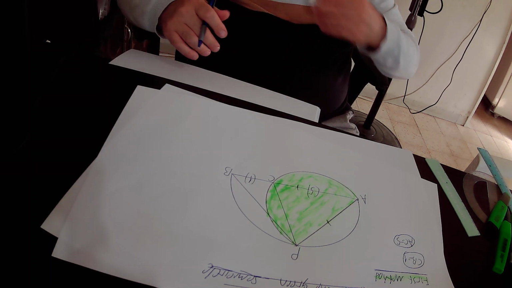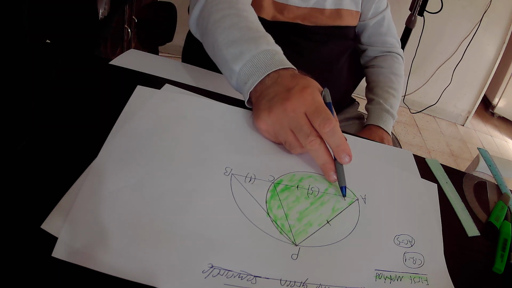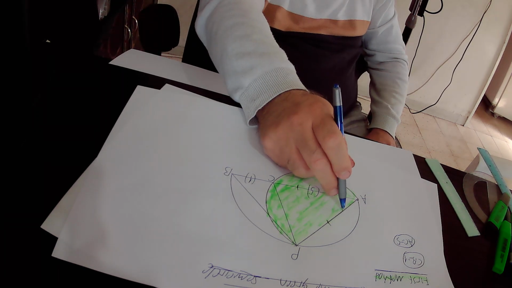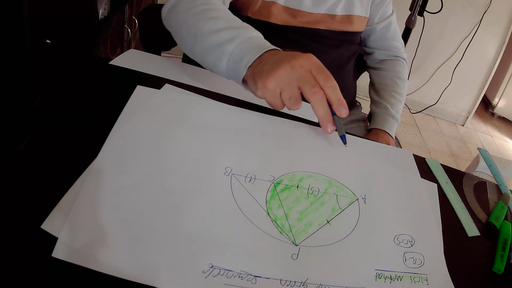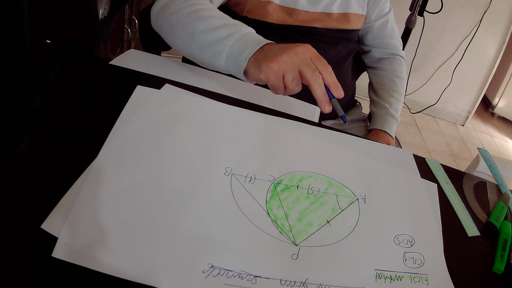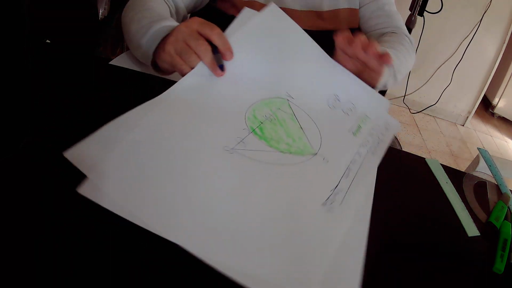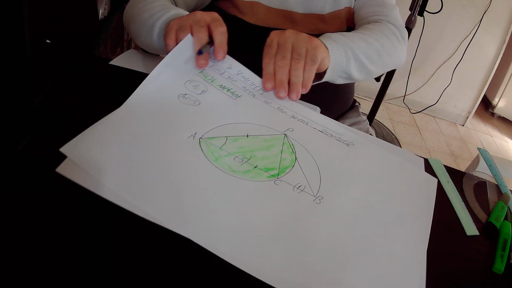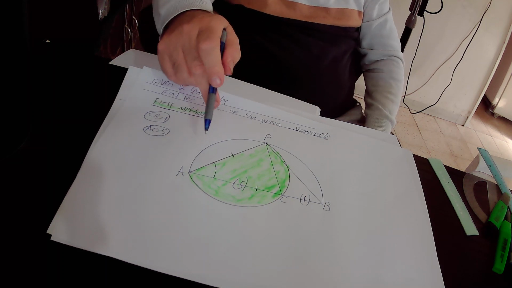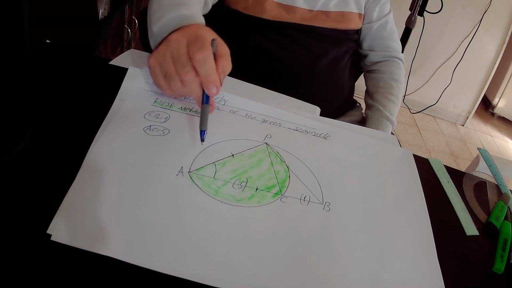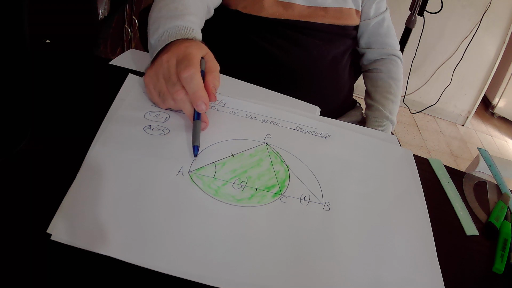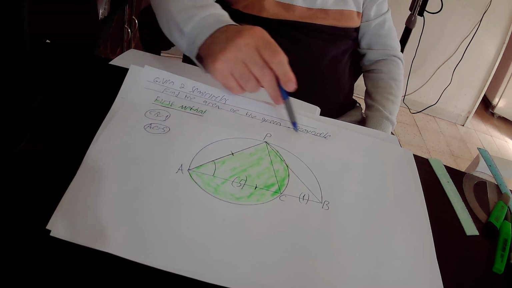Here we have, this is angle A. This angle A is a common angle that belongs to both triangles. Angle A, this angle A belongs to the green triangle APC, and it also belongs to triangle APB.